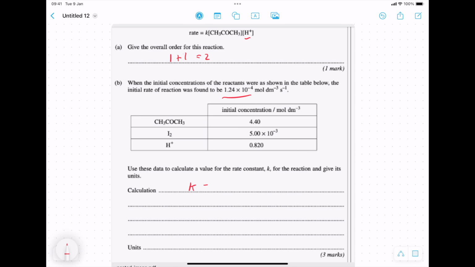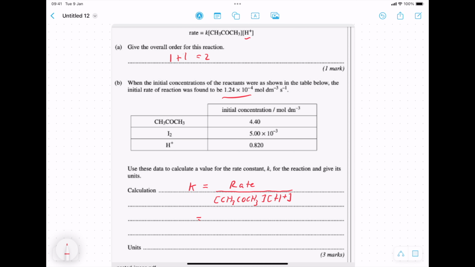So if I just jump straight to that, I need to divide through by propanone times H+. So I end up with rate constant K equals rate divided by CH3COCH3 times H+. And then we can substitute our numbers in.